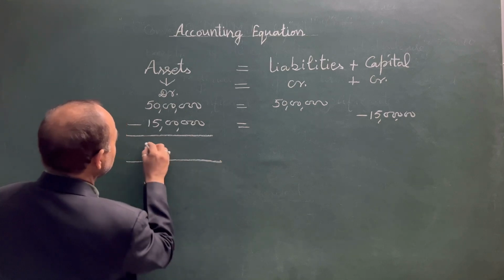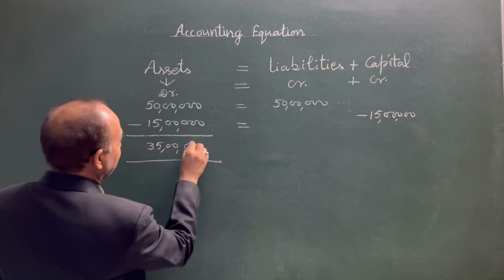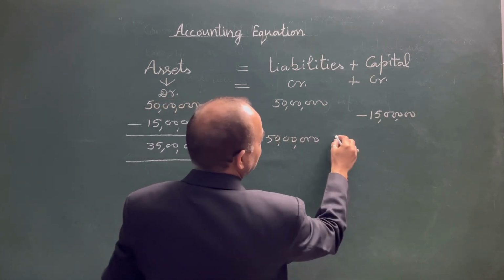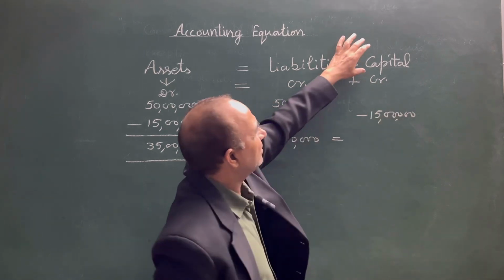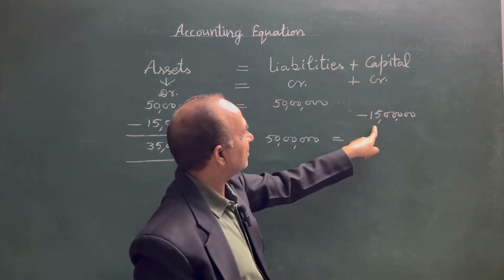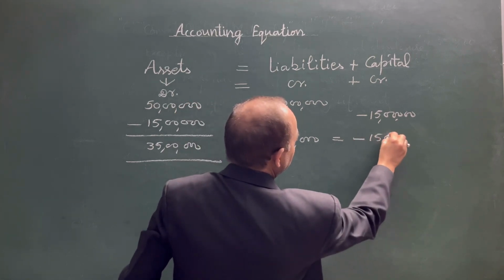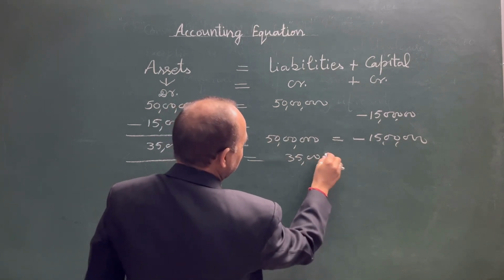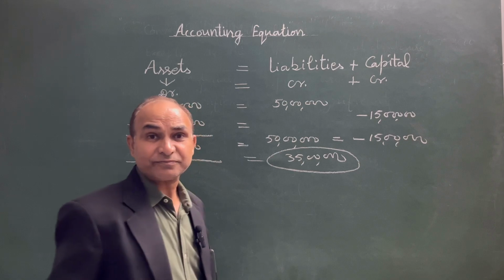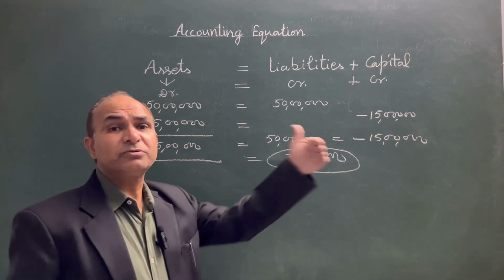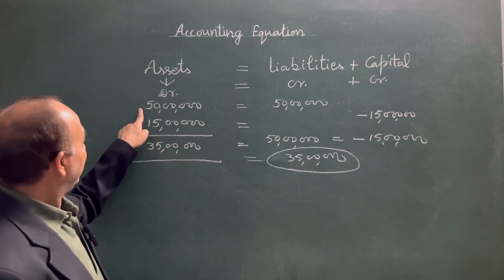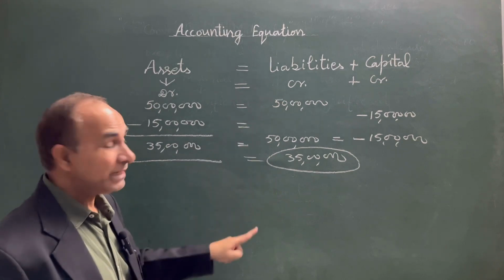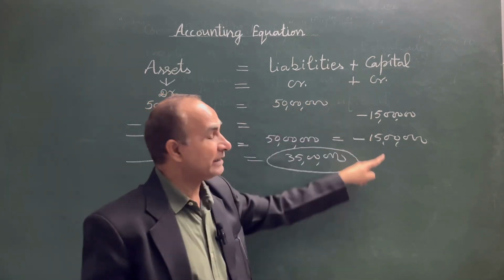See this. Now it is 35 lakh, and that side also the 50 lakh bank loan as it is, but minus 15 lakh from capital, which reduces the amount of capital. So net is 35 lakh again. See this, friends. So the accounting equation always holds good in every situation. When bank loan is raised, assets increase, liability increases. When payment of expenses is made, then assets decrease and capital decreases.